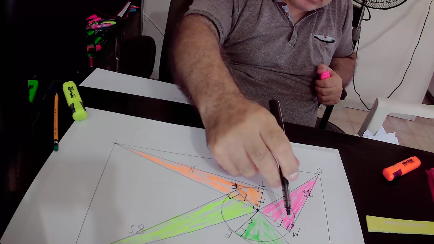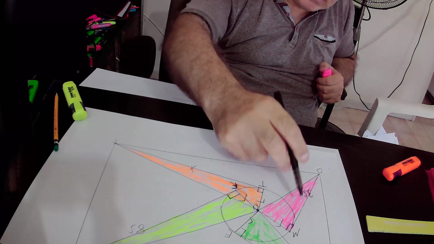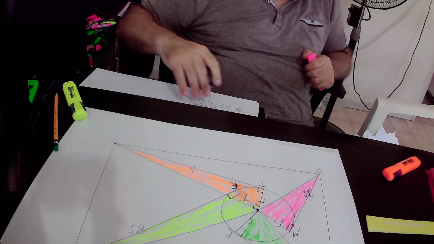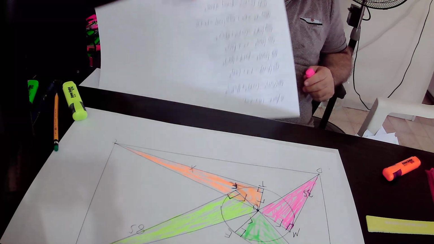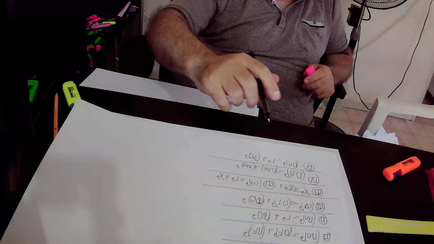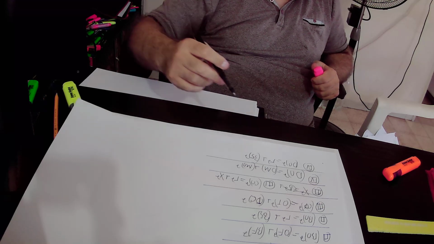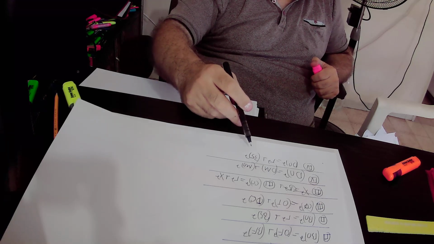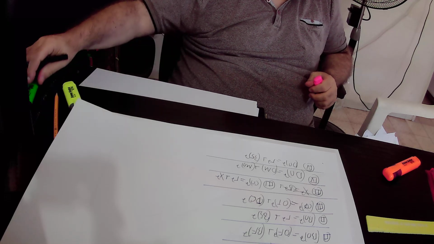OM is r, therefore OM square is r square. DM is 35, therefore DM square is 35 square. So in conclusion, we found out that according to equation number 4, DO square equals r square plus 35 square.